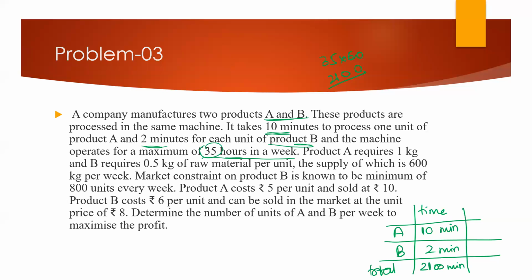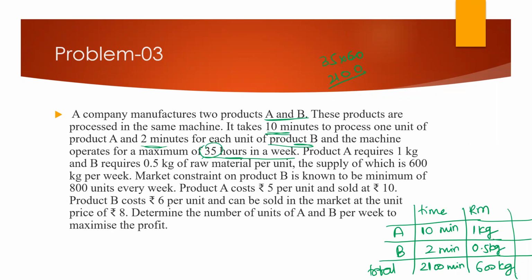Product A requires 1 kg and product B requires 0.5 kg of raw material per unit, the supply of which is 600 kg per week. You're getting it, right?